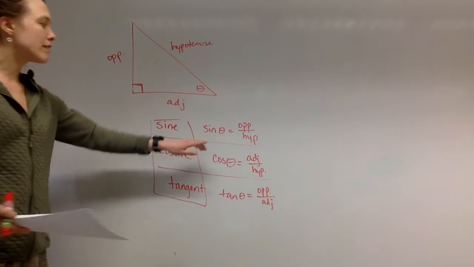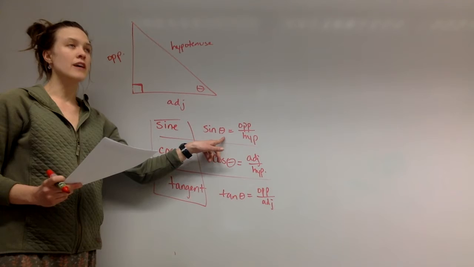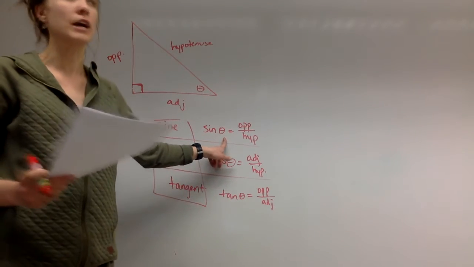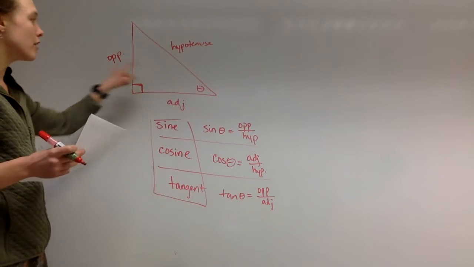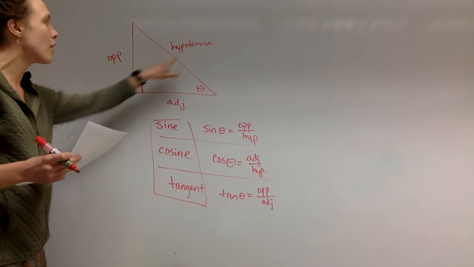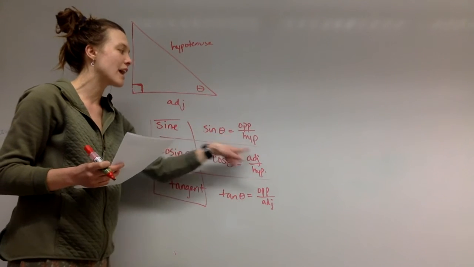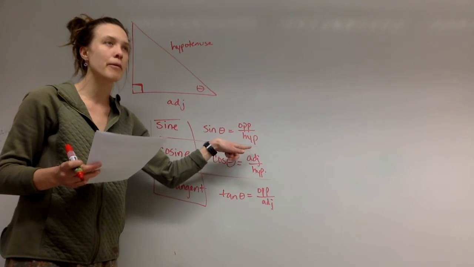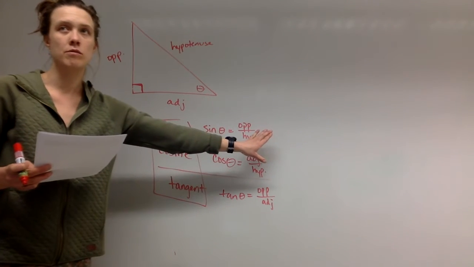To break this down even further, this function of theta, which we're going to do more with later, sine of theta, is equal to the opposite length of the angle theta over the hypotenuse. It's not saying that the angle measurement itself is opposite over hypotenuse, but that the sine of that angle is equal to that ratio.